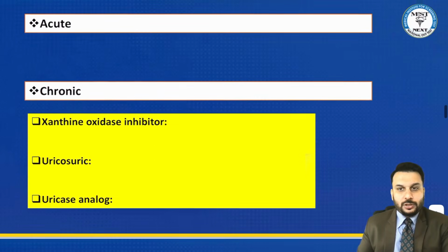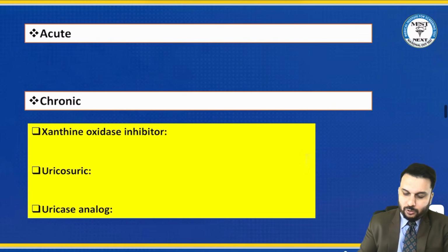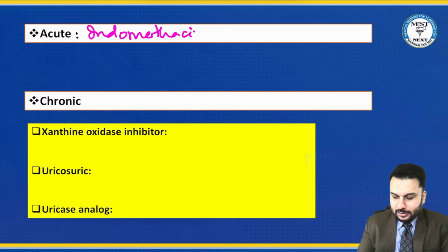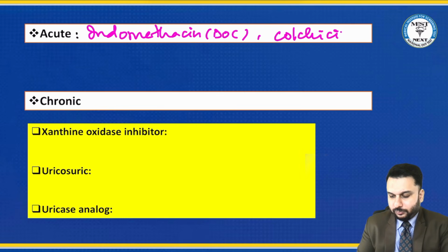So just now we learned, in acute gout, what do we give? We give medicines like indomethacin. Indomethacin is the drug of choice, and we may also give colchicine.